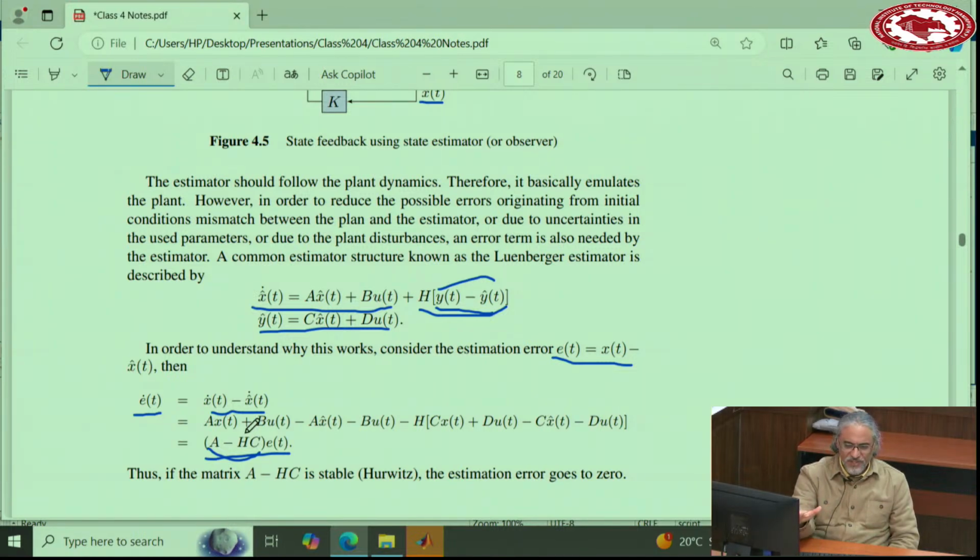So we proved here that this estimator works. Because x dot equals AX. If A is stable, then all the state will go to zero.